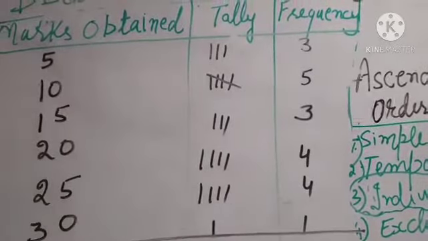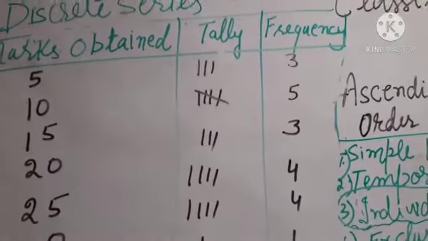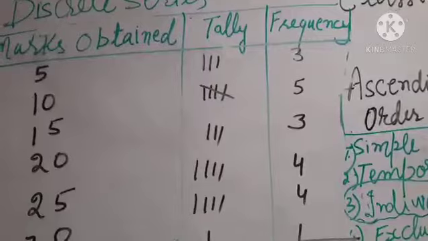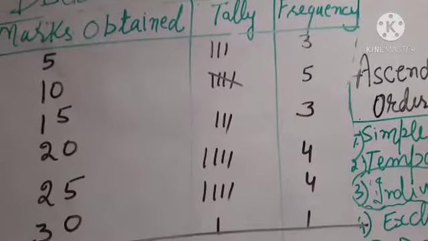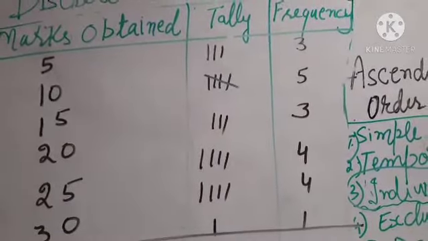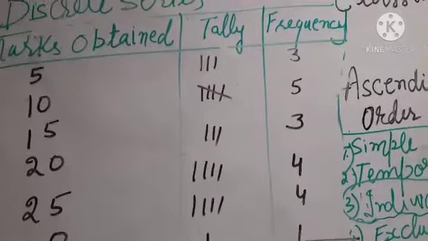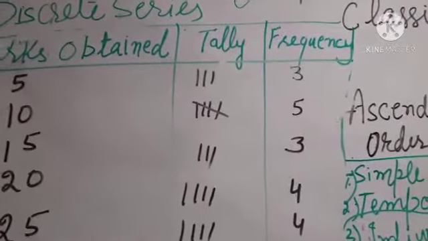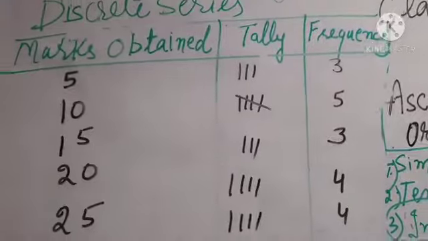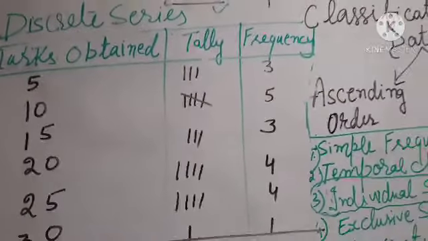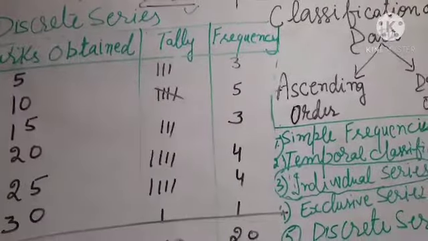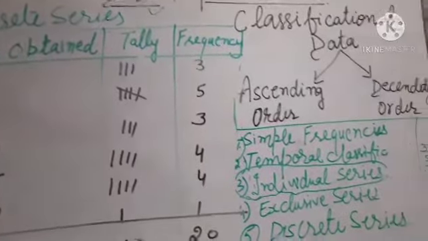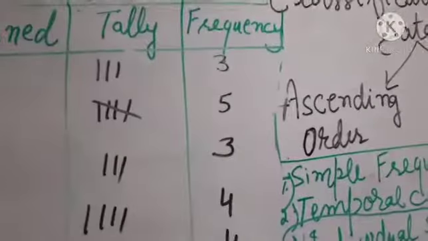Please correct it. 3 students, meaning our frequency is 3. Then 10 marks obtained by 5 students. I have marked here tally marks and frequency is 5. 15 marks obtained by 3 students because I have marked here 3 tally marks and accordingly 3 is the frequency.